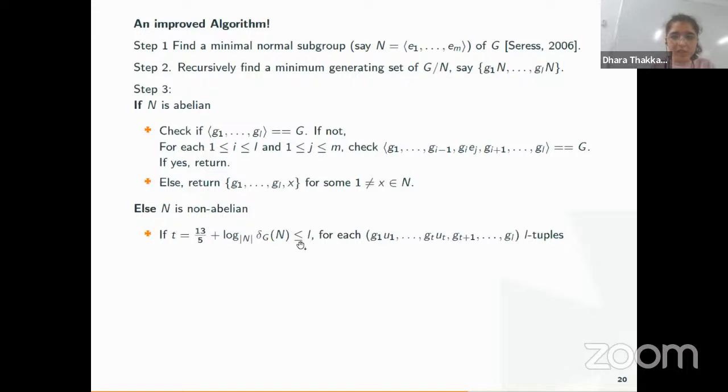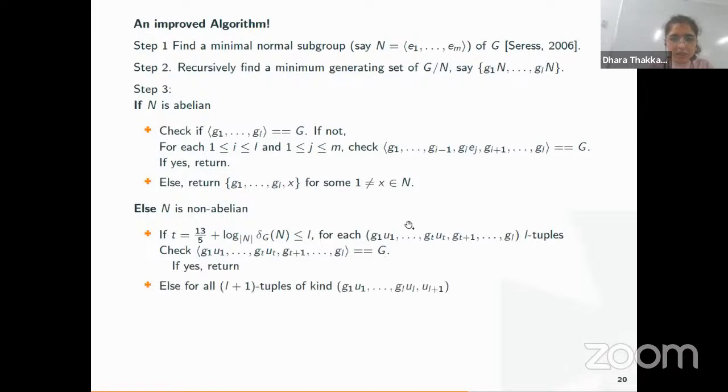If T is less than or equal to L, then the theorem that we have proved guarantees that we will be able to find one generating set of this form, which is g1 u1, to gT uT, g(T+1), to gL. So we will try all possible |N|^T tuples, and we will check whether this generating set generates G or not. If yes, then we will return.